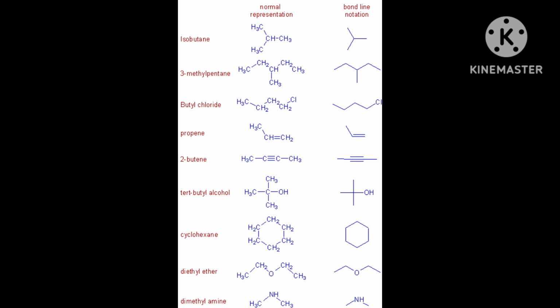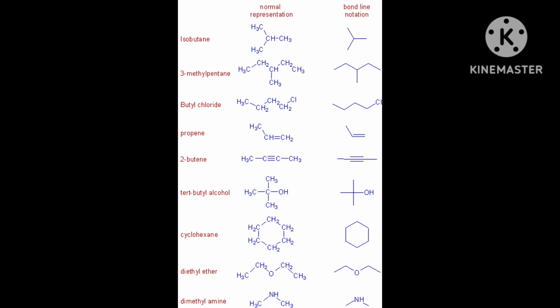Now, the other way I am telling you these things. Various ways of representing 2-bromobutane. 2-bromobutane, how will you write? Then three ways you can write, the ways I told you now. Butane means what? 4 carbons should be there.